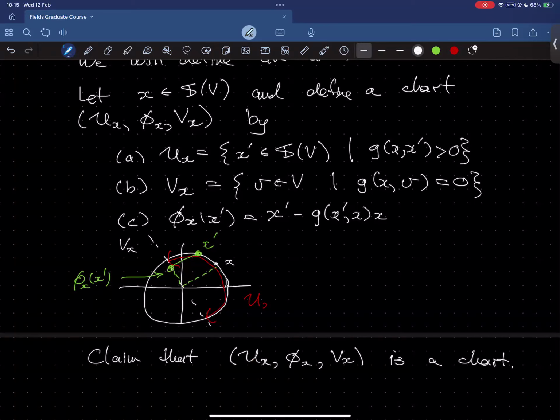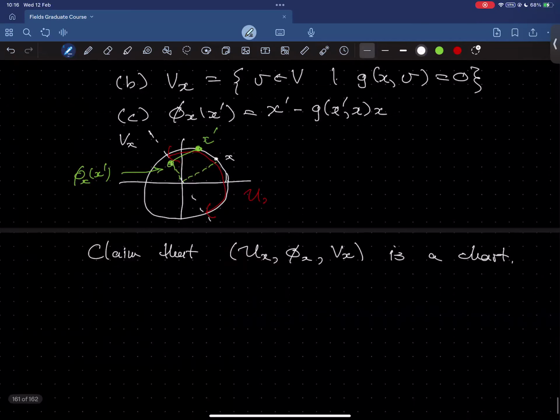What you have to do to verify that it's a chart is show two things. You have to show that it's a bijection onto its image, so that it's injective. And then you also have to show that the image in the topological vector space in which your chart takes its values is open.